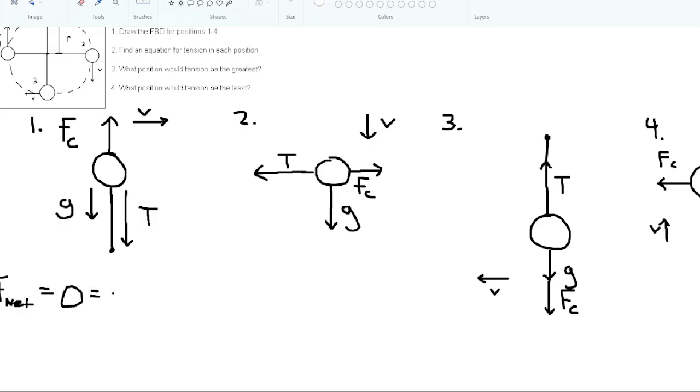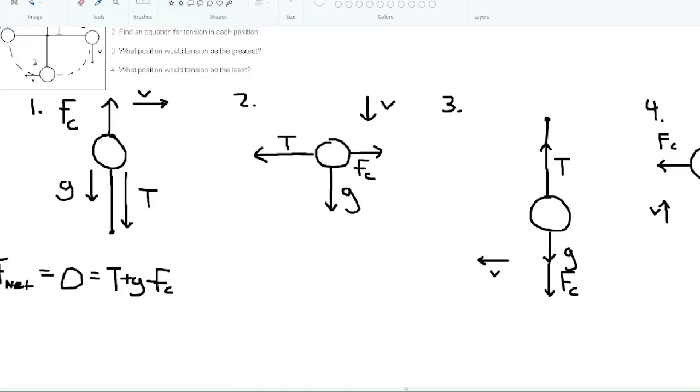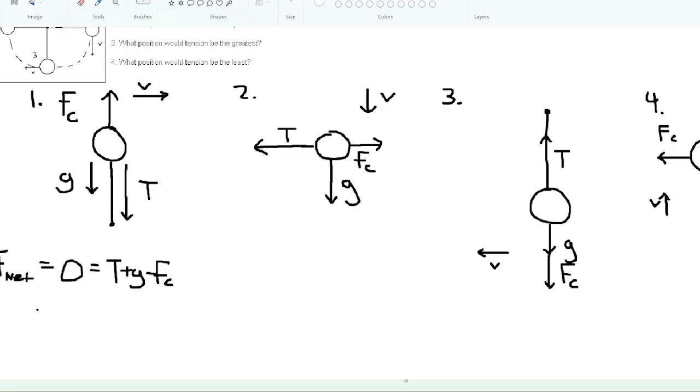So we can write it like this: tension plus gravity minus force centrifugal is equal to that. So let's solve for tension now. If we just isolate tension, tension is then equal to force centrifugal minus gravity.